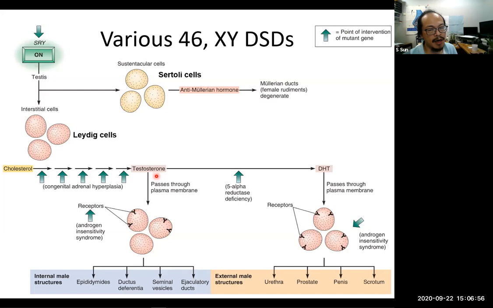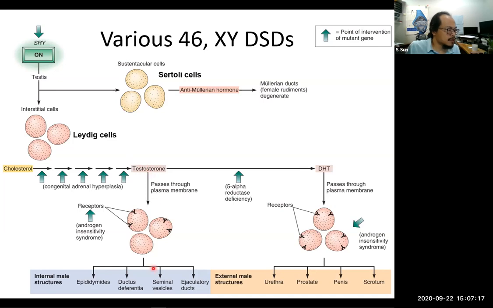The steroid hormone are the derivatives of the cholesterol. And then testosterone is important to develop internal sex structure as well as to convert to the DHT to develop the external sex structure.